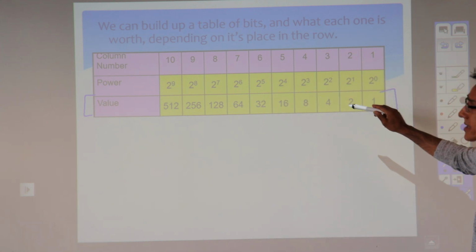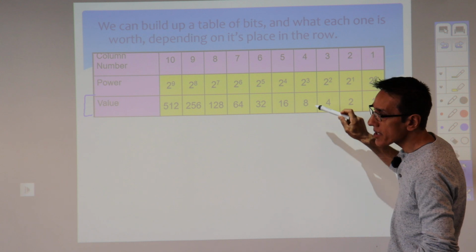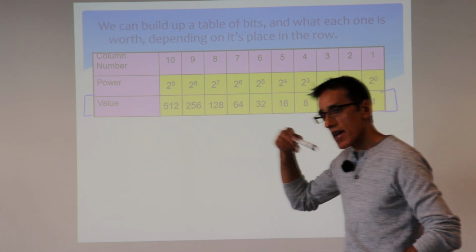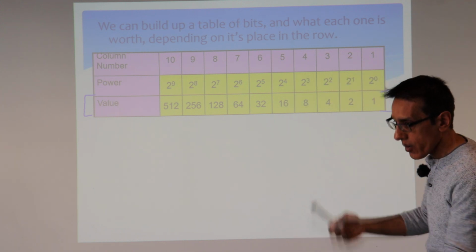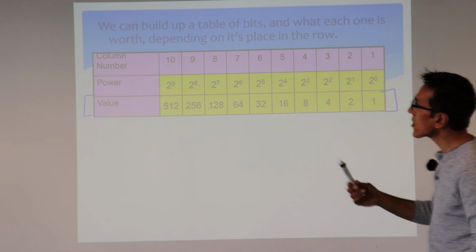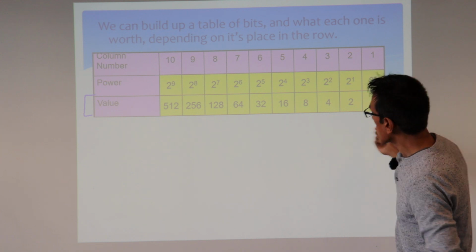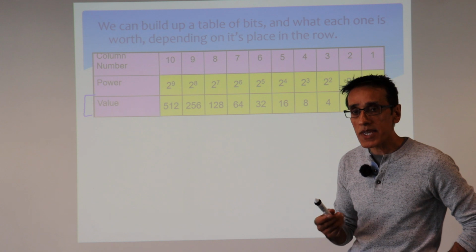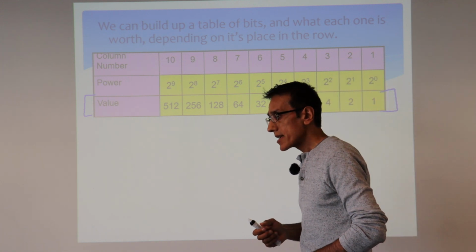We need to memorize these numbers. 1, 2, 4, 8, 16, 32, 64, 128, 256, 512, 1024, and so on. These are the column representations in base 10.